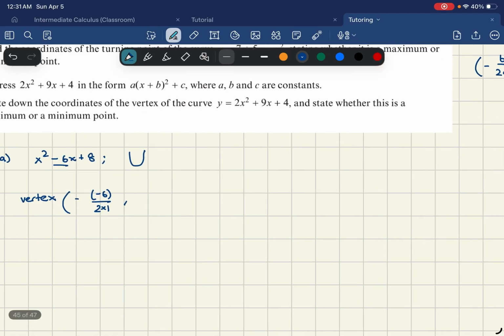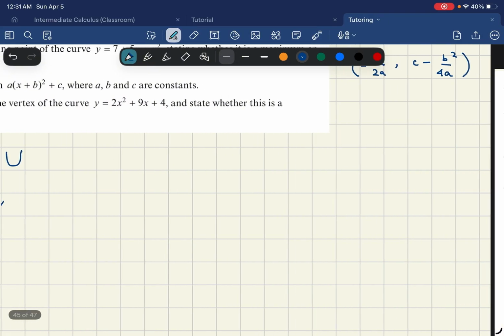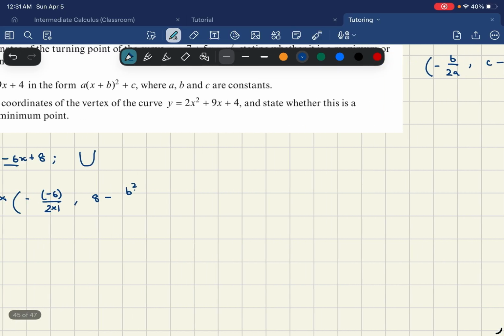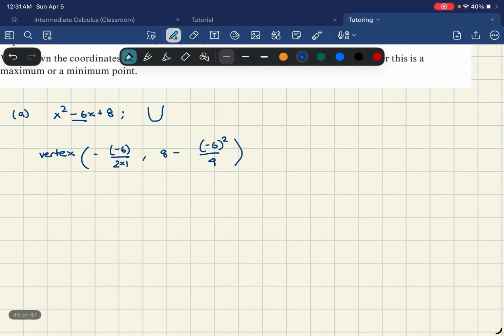And the other part is c minus b squared over 4a, which is 8 minus negative 6 squared over 4 times 1. So the first part of the vertex coordinates just gives us 3.